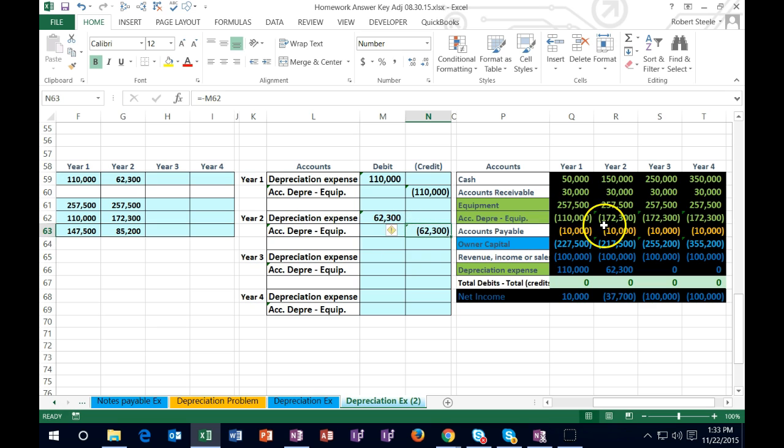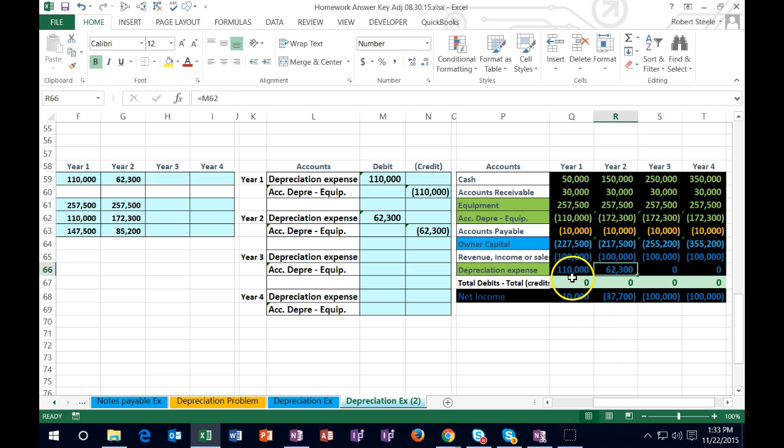If we take a look at that, the cost is the same, and the accumulated depreciation is now 172.3, going up from the 110 by the 62.3. That means that the book value is a net debit of 85.2, which equals our book value over here on our table. And we can see that the depreciation is 62.3.